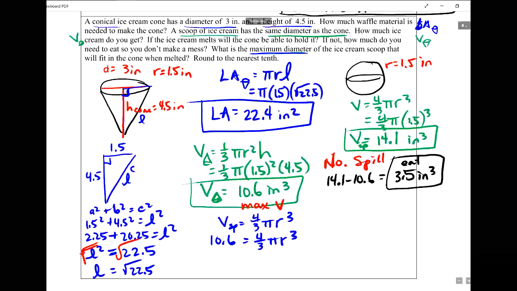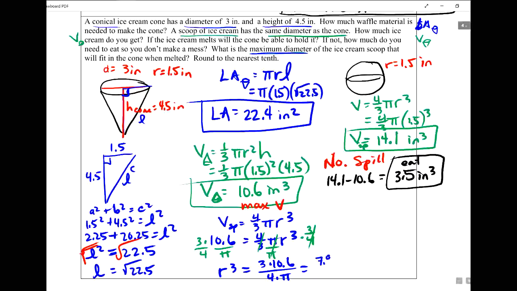Okay, then we are going to multiply by 3 over 4 on both sides. Divide by pi, divide by pi. All of these cancel out. And we get r cubed equals 3 times 10.6, all divided by 4 times pi. Put that into our calculator, simplify out our numbers. 3 times 10.6 divided by 4, enter.